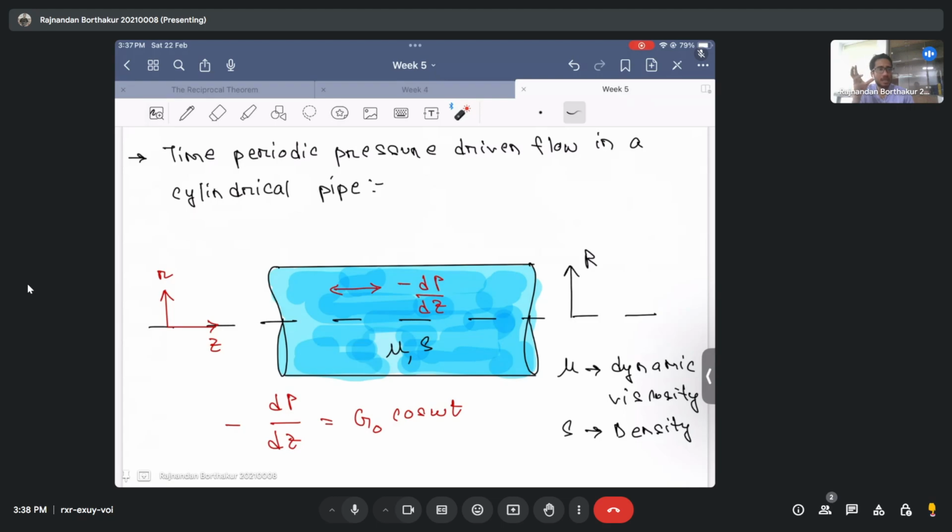The only complexity that differs in this problem from the previous problem, which is the Hagen-Poiseuille flow, is that instead of applying a constant pressure gradient, the pressure gradient is now not constant but periodic in nature, and that's why I call it time periodic pressure driven flow.